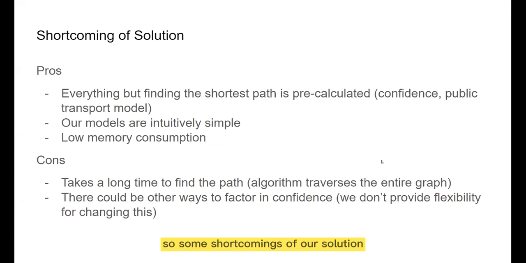So, some shortcomings of our solution. A pro of our solution is that everything but finding the shortest path is pre-calculated, for example the confidence intervals and the public transport model. Our models are intuitively simple, so it's not very challenging to utilize our solution, and anyone else can take a look at the code and understand what's happening.